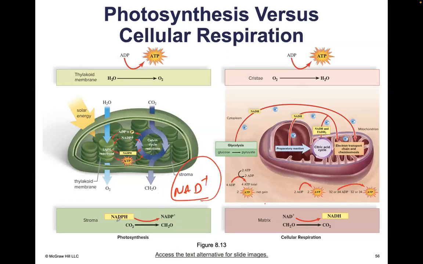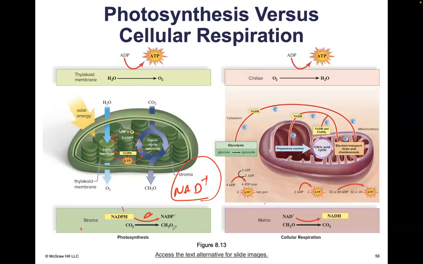This is exactly the comparison between the two. This happens in the stroma, this happens in the matrix. This is NADPH being oxidized to NADP plus, but NAD plus is being reduced to NADH.